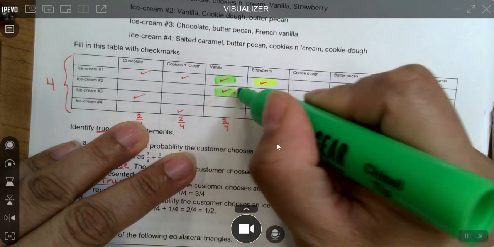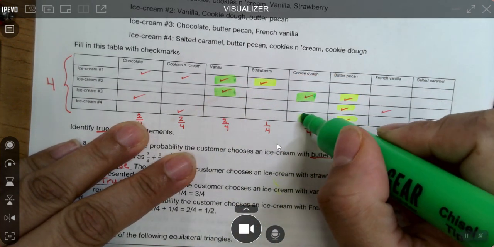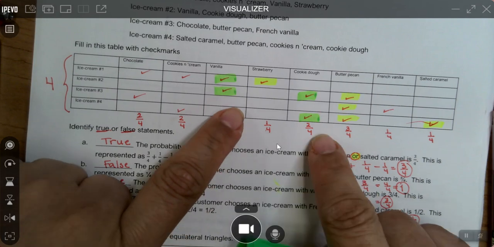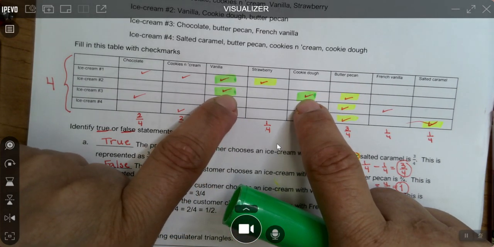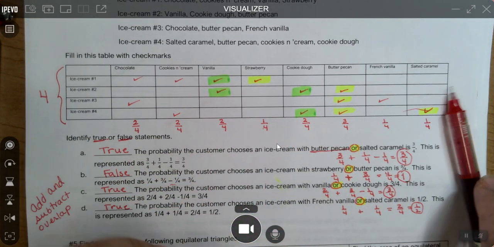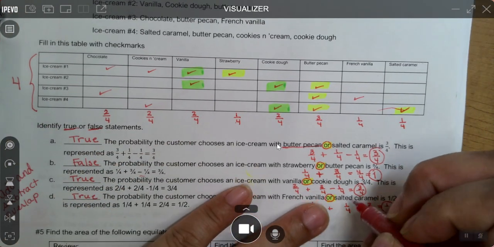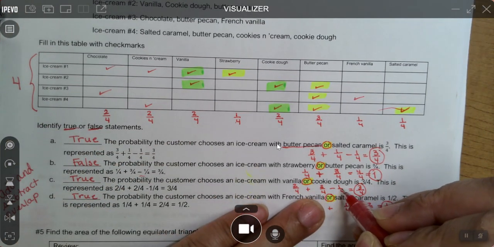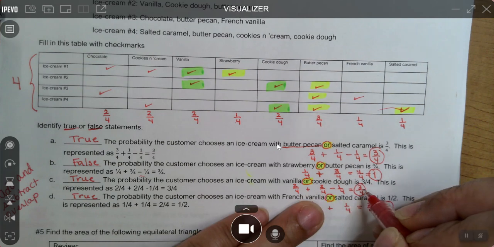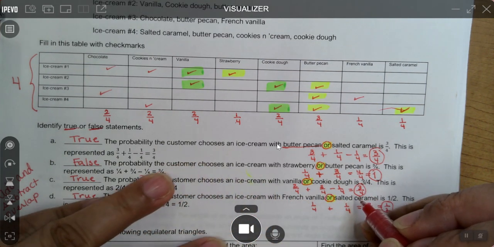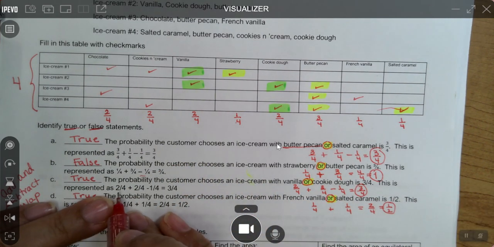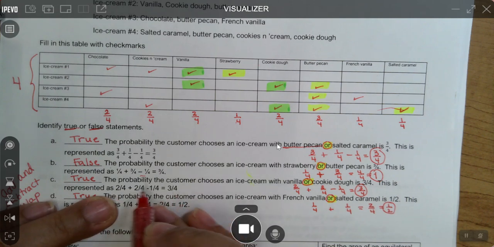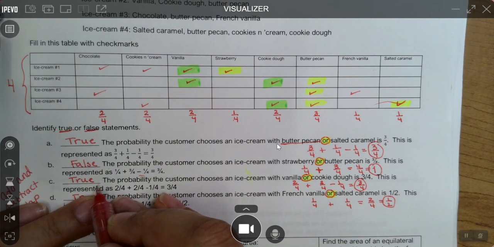This is vanilla, and this is cookie dough. So you can see that we do have some overlap. We have overlap in ice cream number 2. So we need to subtract 1 out of 4. So this is where this minus 1 out of 4 is. So it's 3 out of 4. Right? And they represent it correctly, so that's why I said that was a true statement.